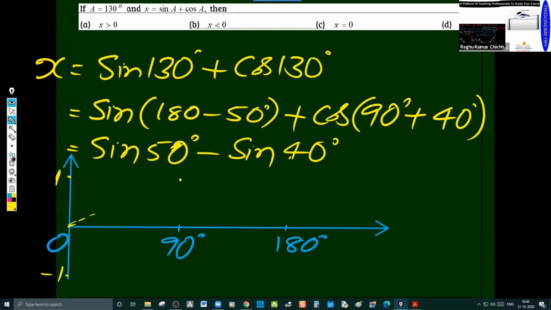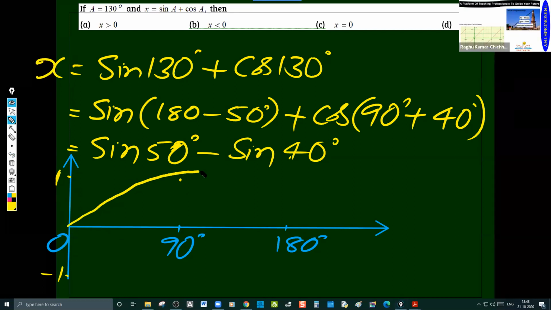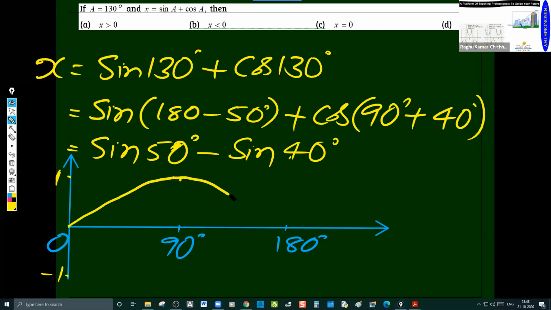You have to adjust to me. It's totally fine, sir. See, this is the graph of sine 180, not properly drawn, because it is maximum at 90 and goes down.